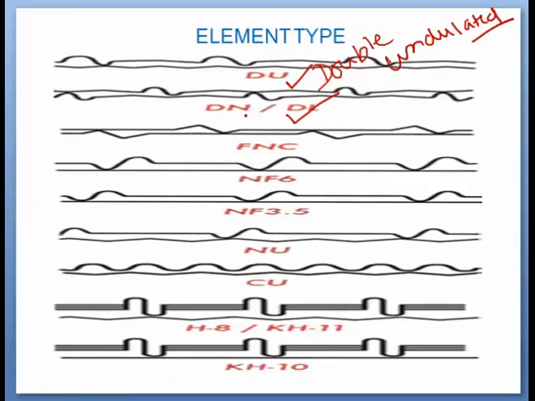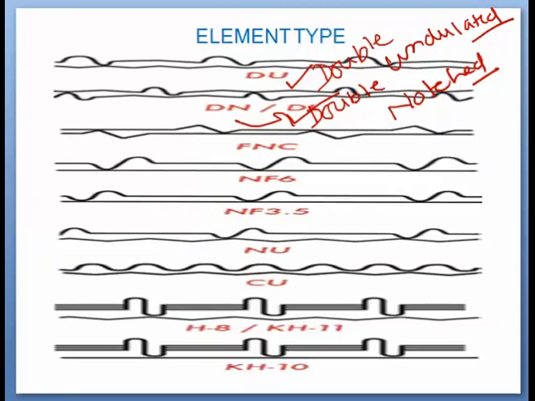DN signifies double notched. It is used where we require reduced fouling and better cleanability.